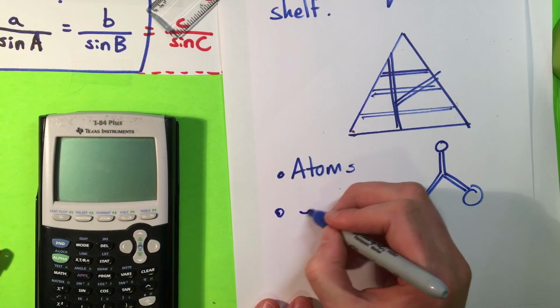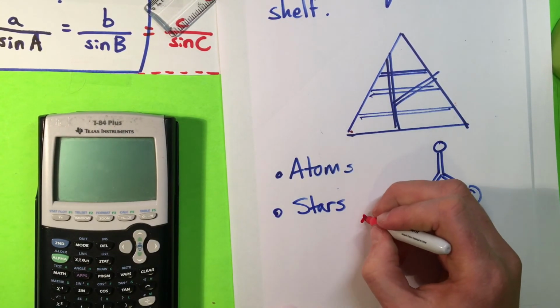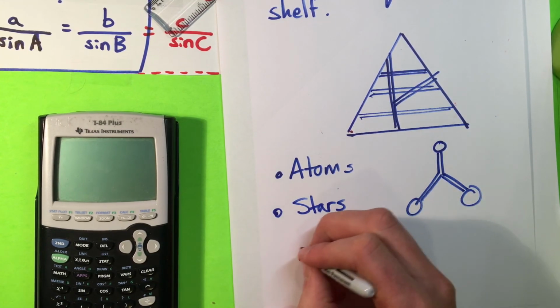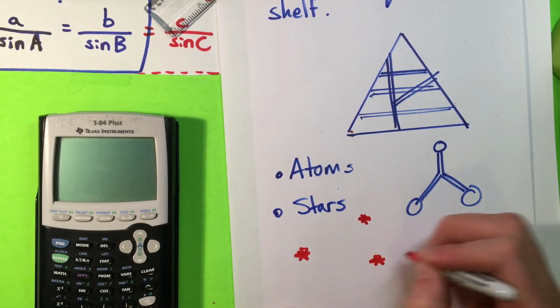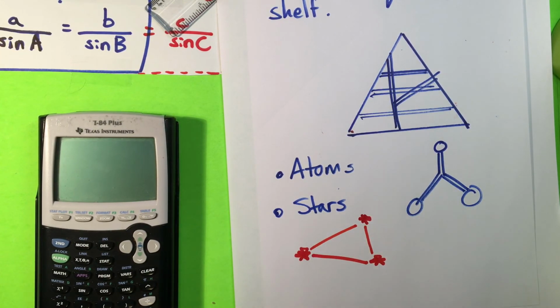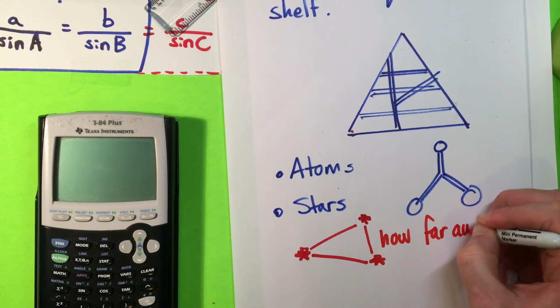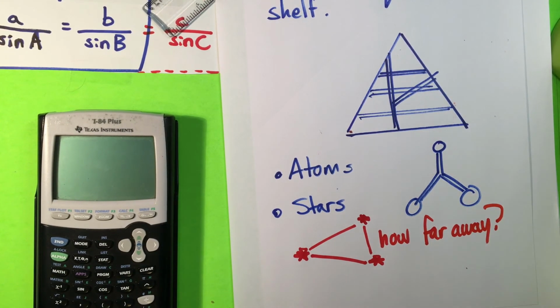So in chemistry, you might have to use sine law to find the angles of certain atoms. Or if you're in astronomy, you can look at the stars, and you can figure out maybe how far away the stars are using trigonometry. So they come up in different spots where you wouldn't think they would.